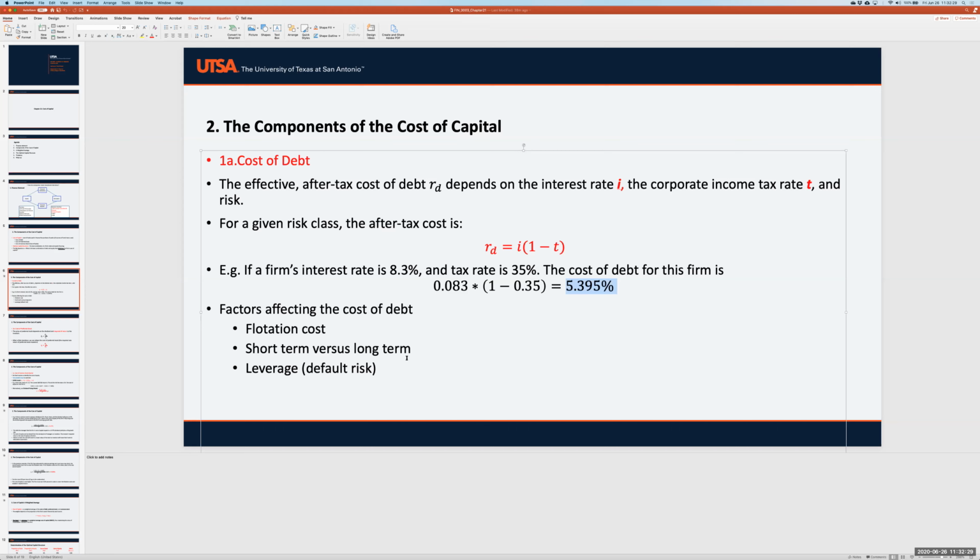Leverage is debt over equity. If the corporation has a 100% leverage ratio, where debt equals equity, or more than that, that increases the default risk of the corporation, right? They're just getting more and more debt, but they have a very small amount of equity.